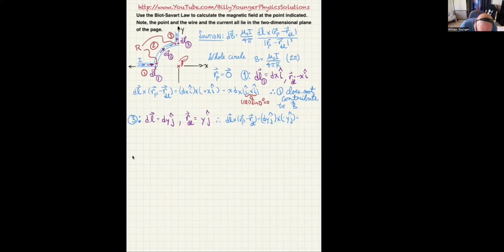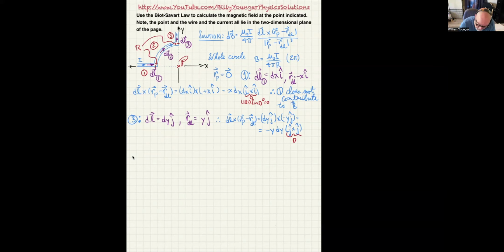I'll go ahead and take another line. I don't want to try to fit it in there. We get negative y dy, and then j hat cross j hat, which again should be equal to 0 because it's 1 times 1 times sine of 0.